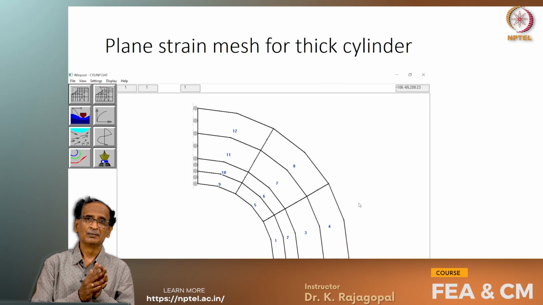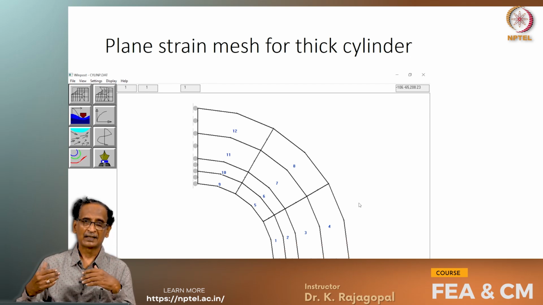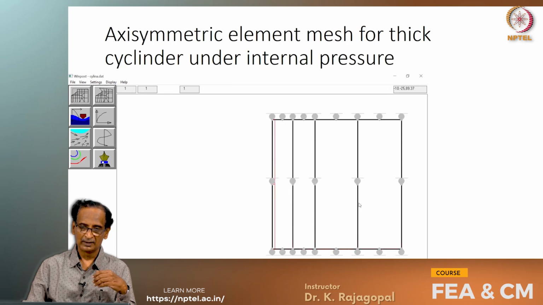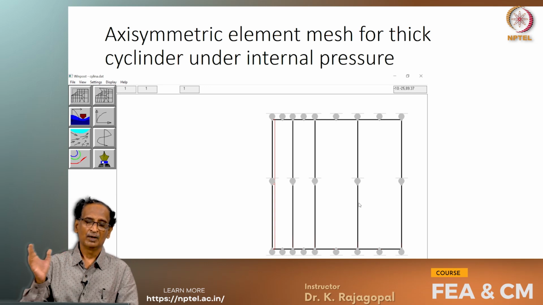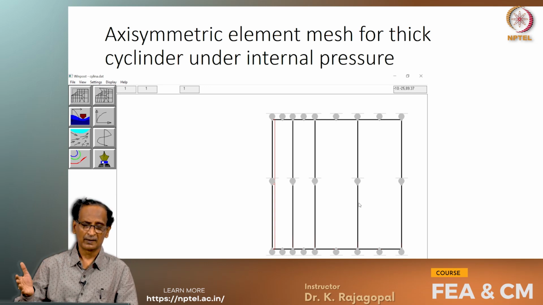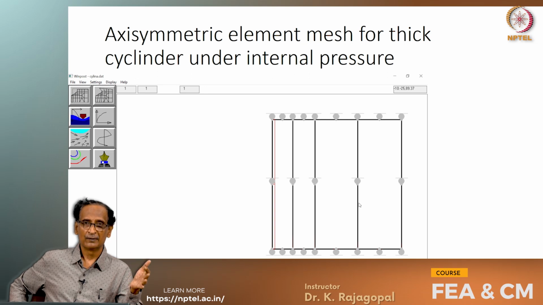So, whether you have a plane strain model or an axisymmetric model, we see that we get the same result. In fact, you can compare the displacements and the stresses and strains from both the plane strain and axisymmetric models, and you will see that there is no difference.